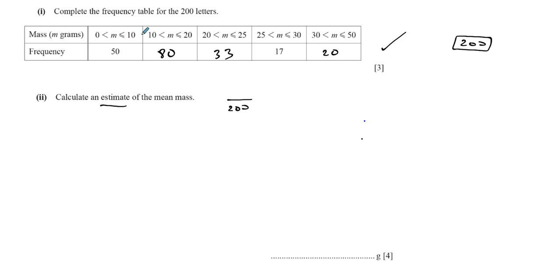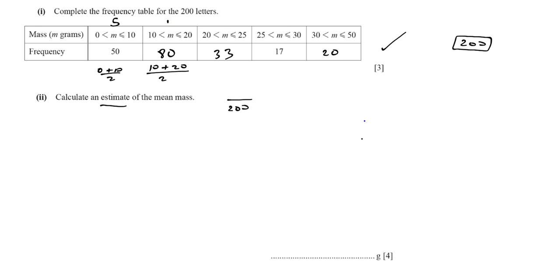So what I'm going to do is take the mid-interval value, which is halfway between these two numbers. So halfway between 0 and 10, you can say 0 plus 10 divided by 2. It's pretty simple, you don't really have to calculate it. But if you didn't know, you take the beginning and end of the interval, 10 plus 20, and divide by 2.